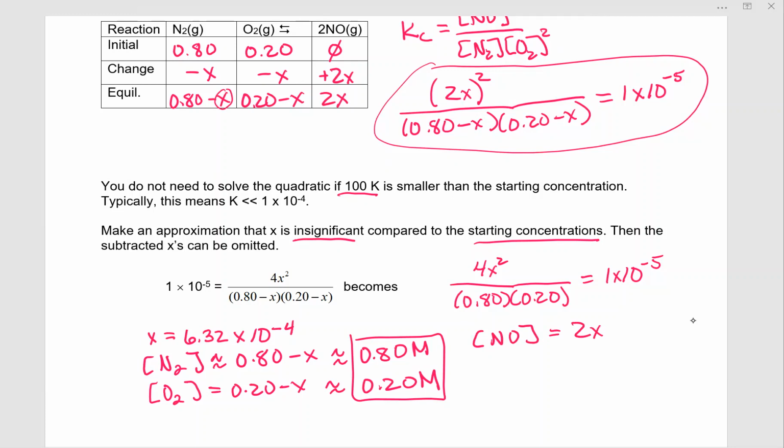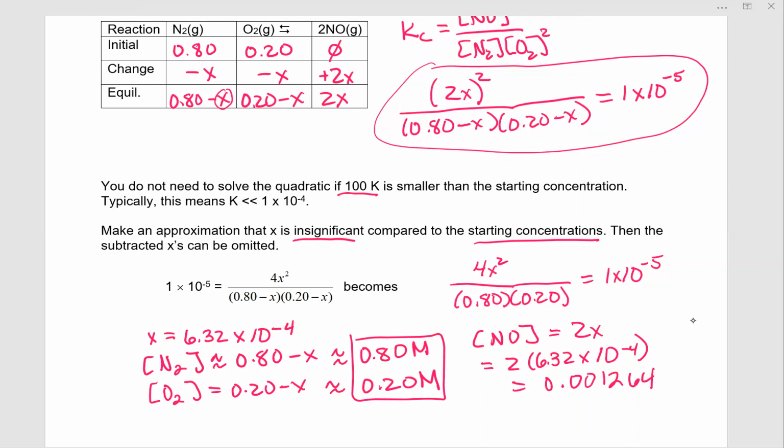Now, when we're looking at the concentration of the nitrogen monoxide, that is equal to 2x. So now we have to actually use the x. So this is going to be equal to 2 times 6.32 times 10 to the negative fourth. I haven't actually solved for that, so let me do that very quickly. 2 times 6.32 E negative fourth is 0.001264.